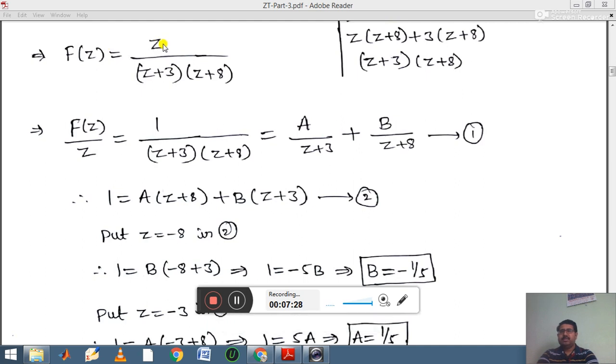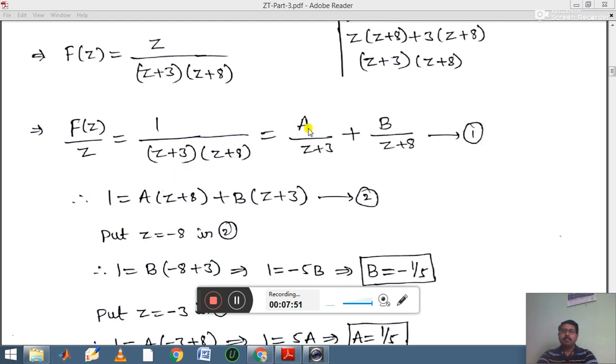Now send this z to the LHS. It becomes F of z by z is equal to 1 divided by z plus 3 into z plus 8. So your LHS expression is F of z by z and the RHS expression is 1 by z plus 3 into z plus 8. Now you apply partial fractions on the RHS side.